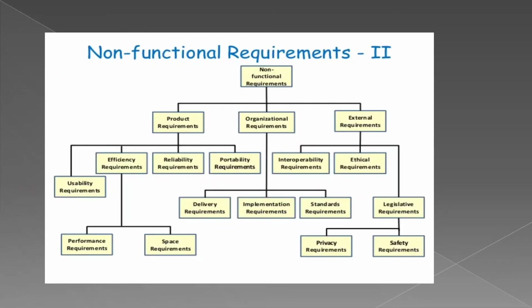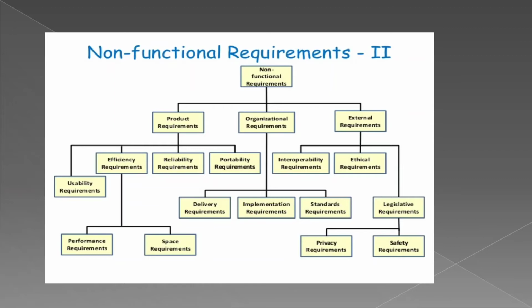So here are some examples regarding the non-functional requirements. In the non-functional requirements, there are again major categories: product requirement, organizational requirement, external requirement, delivery requirement, implementation requirements, and standard requirements. According to the product requirement, there is further bifurcation: usability, efficiency, reliability, portability.